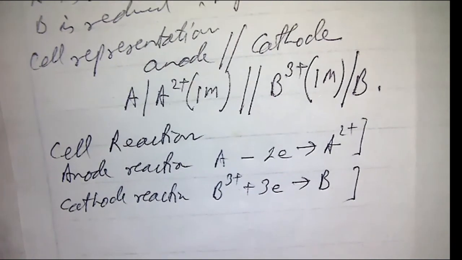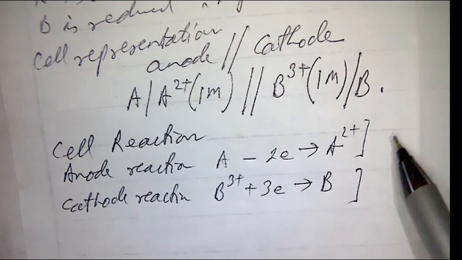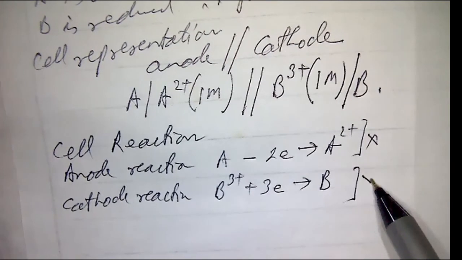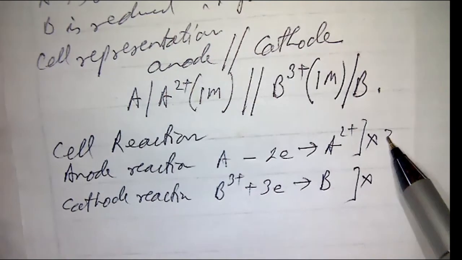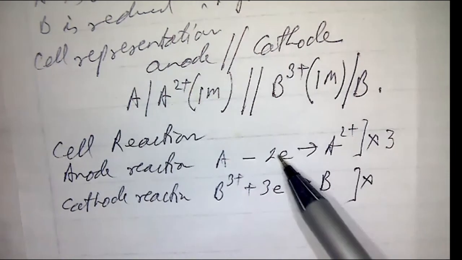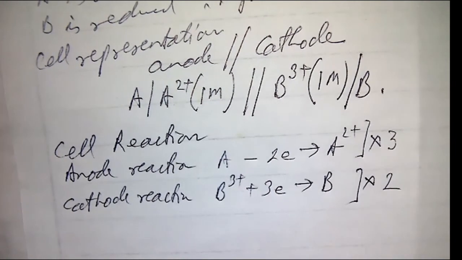They're not the same, so we have to multiply. This is 3, so I'll multiply this with 3. This is 2, so I'll multiply this with 2.